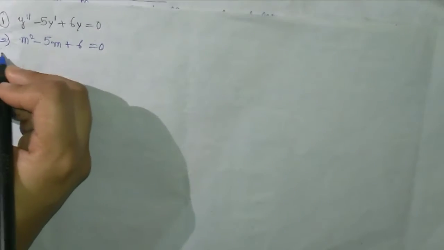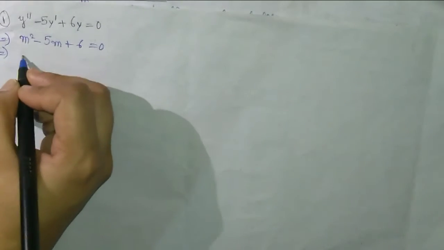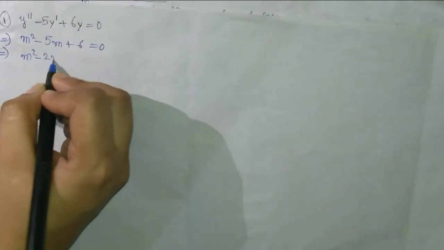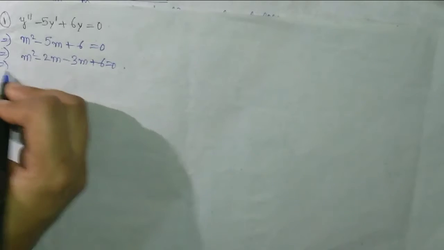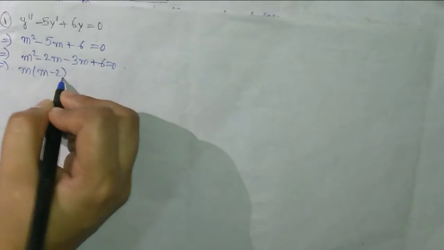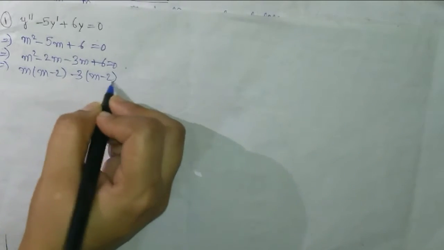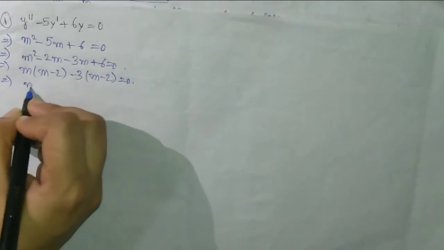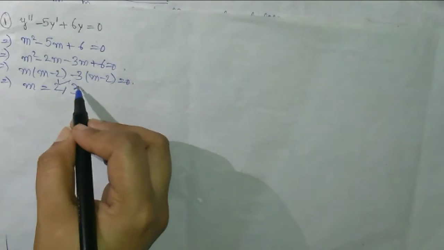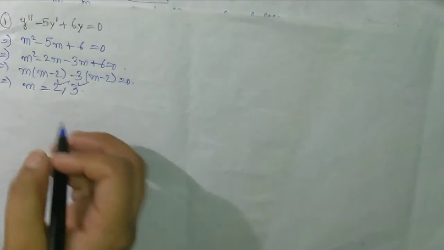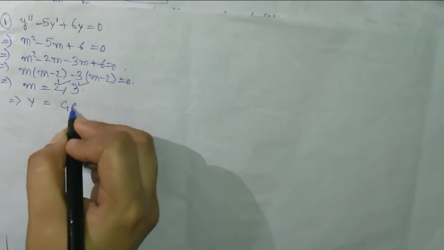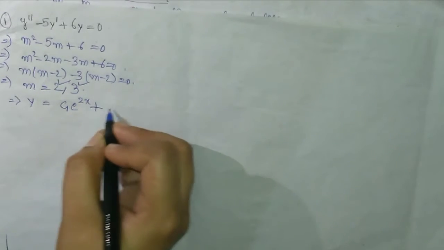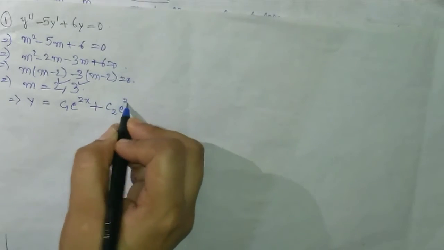On solving, we get m minus 2, m minus 3 equals 0, so its roots are 2 and 3. Now the roots are real and distinct, so its complementary function is given by c1 e^(2x) plus c2 e^(3x).